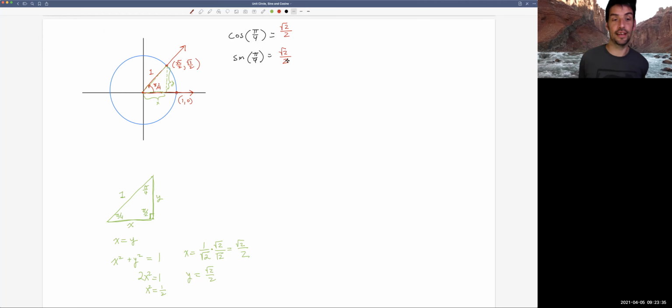That means its vertex at the center, its initial side along the positive x-axis. The cosine of that angle will be the x-coordinate of the point where its terminal side intersects the unit circle. The sine of the same angle will be the y-coordinate of the point where it intersects the unit circle.